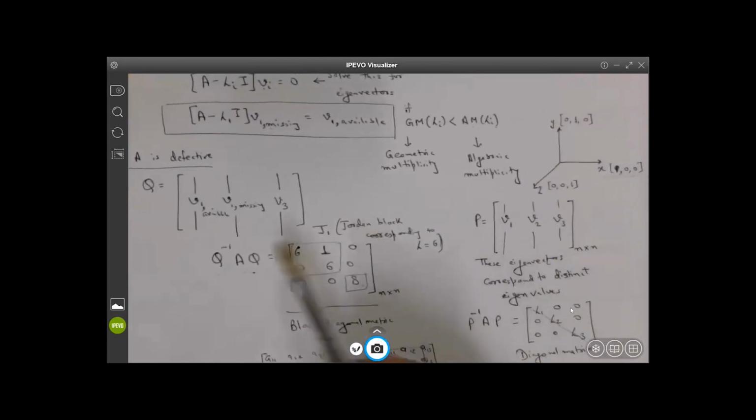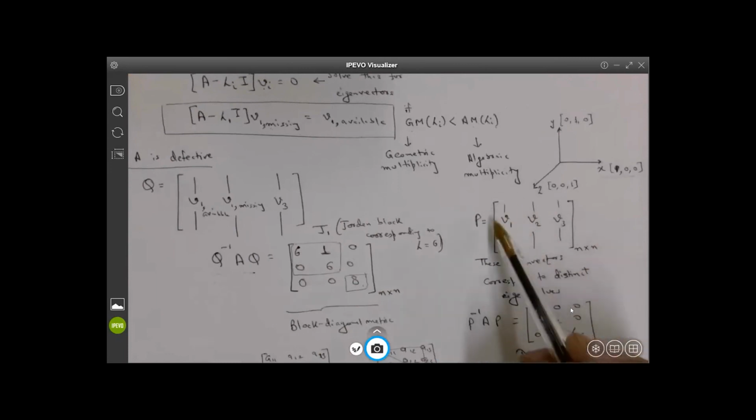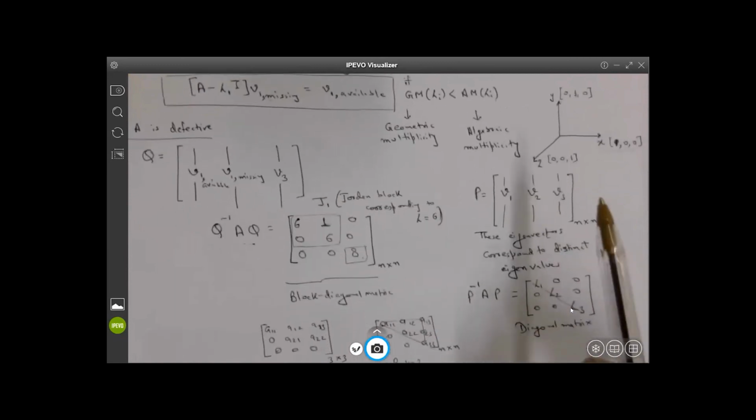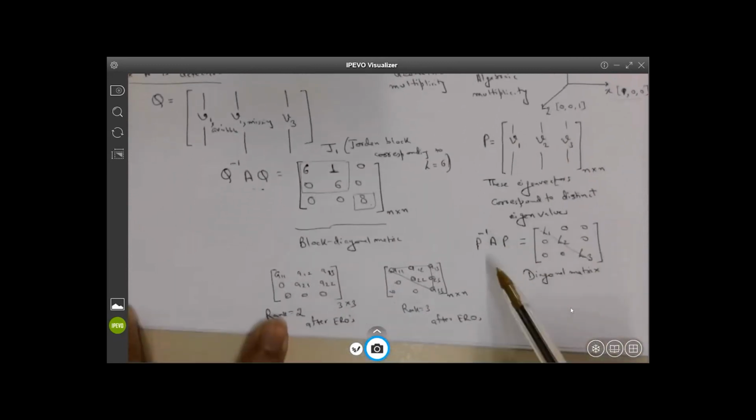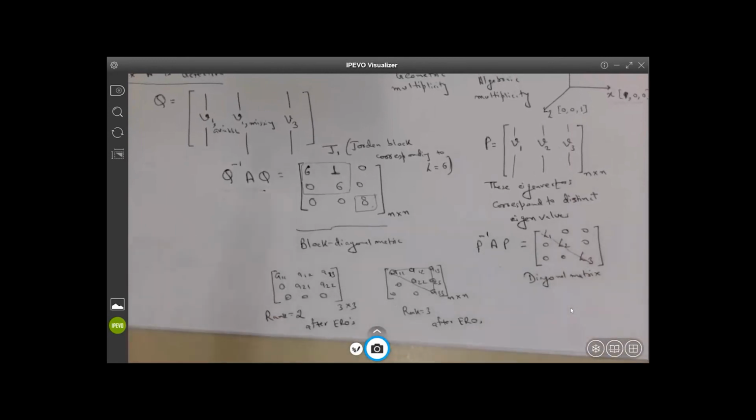But if you do not have this type of missing case, if the matrix is diagonalizable, then you have distinct eigenvalues and linearly independent eigenvectors. For these, when you do this matrix multiplication, you end up with this diagonal form where each diagonal entry is just your eigenvalues, 3 distinct eigenvalues. Is everybody following it so far?